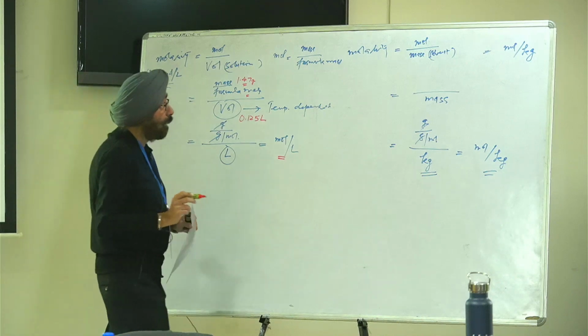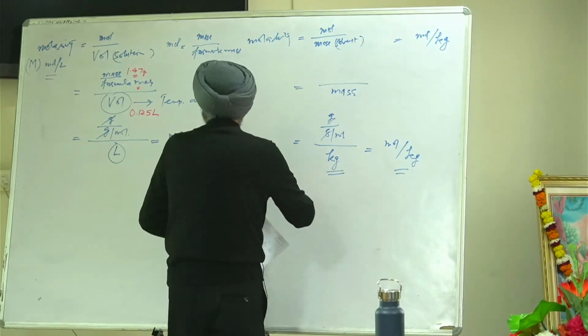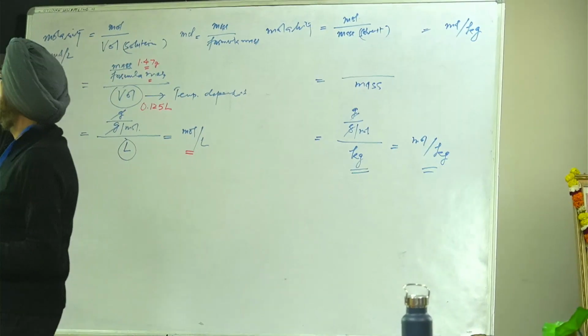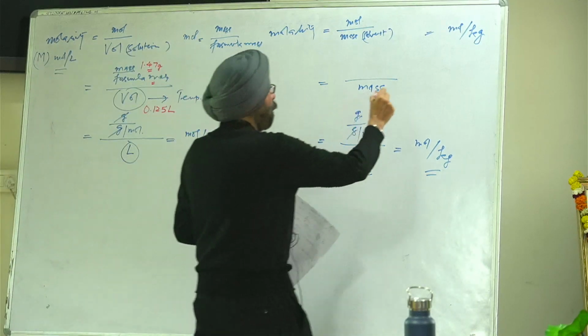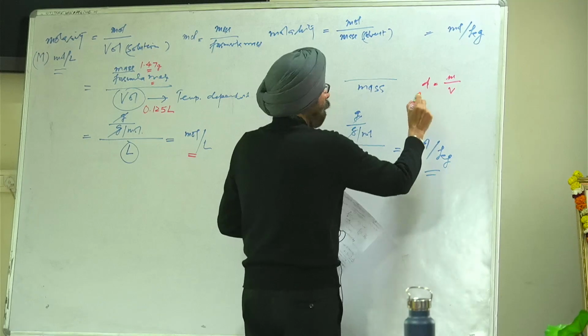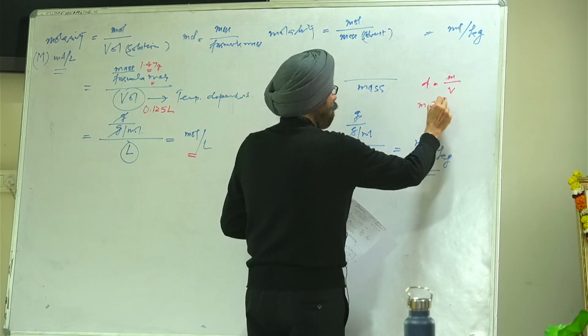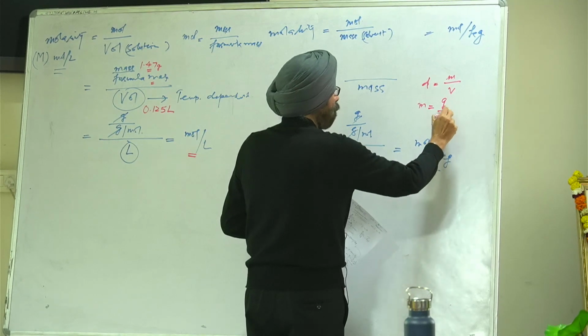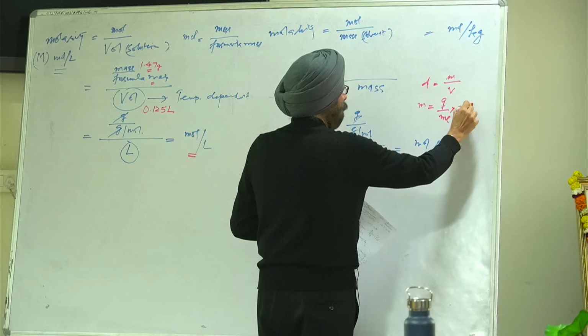In terms of molality, in order to arrive at the mass, you have been provided with the volume and the density. Density is mass over volume, so in order to calculate the mass, density is in gram per ml and volume is in ml.